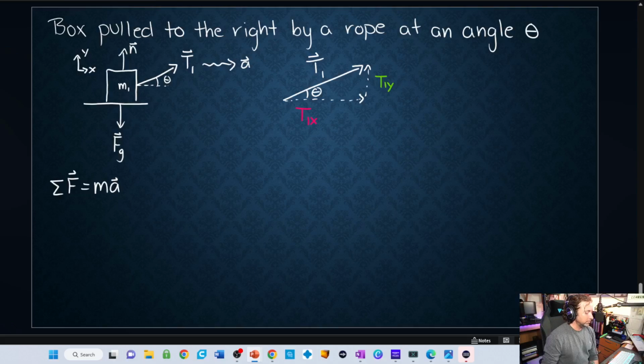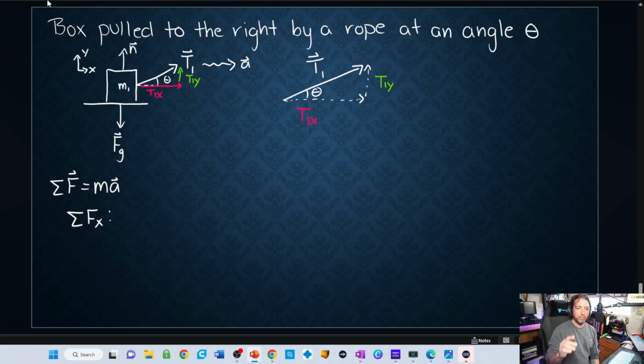Well, we got both X and Y directions here, so we're going to have to do the sum of the forces in the X direction. So I look at my free body diagram, and I have, let's see, there's T1X, right? So T1X is pointing that way, T1Y is pointing up.